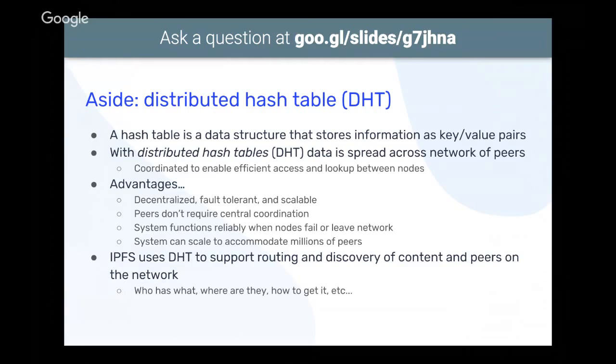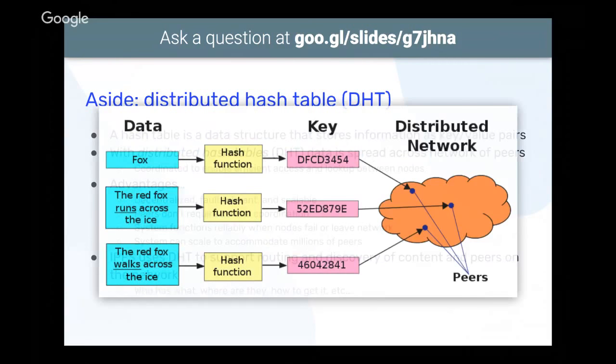And this is a pretty common technology in most peer-to-peer systems. So IPFS uses a distributed hash table for peer and content delivery. And it looks something like this, where we've got this ephemeral distributed network cloud with various peers that are connecting and disconnecting. And each peer knows some information about the data and its content ID. And when you bootstrap connect to various peers, you can start to say, hey, peer, do you know where this thing is?